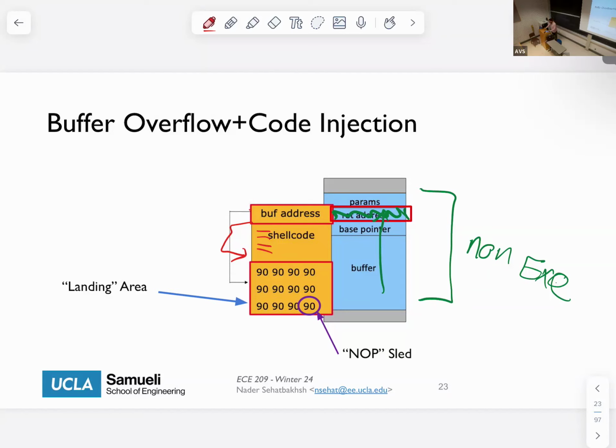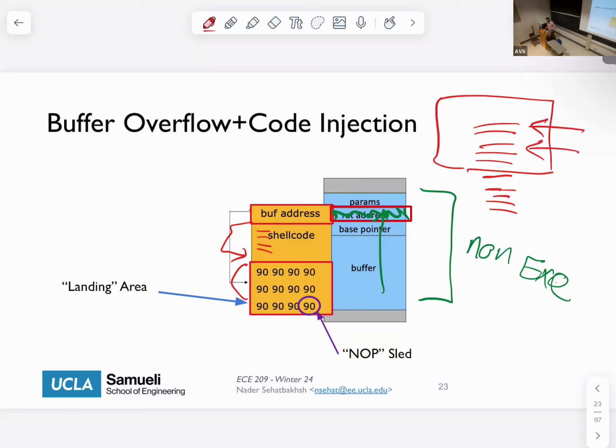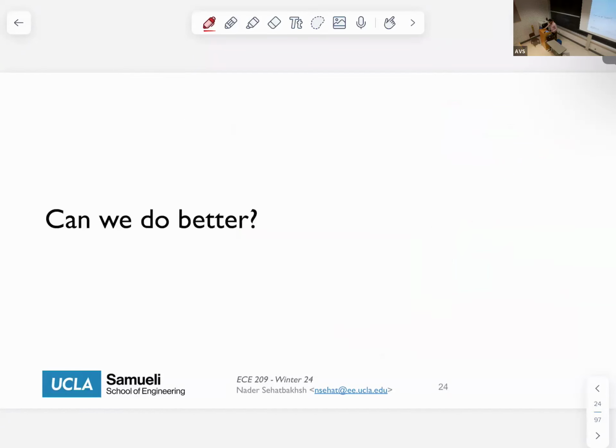As a result, a common optimization is to have a landing area, where you pad your shellcode with a bunch of no-ops at the beginning, and then have the actual code here. The idea is that anywhere here will do, because it doesn't matter where I land. Wherever I start in my no-ops, I eventually get to my real code. And this is what's used most commonly.